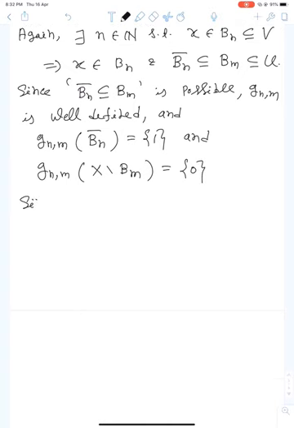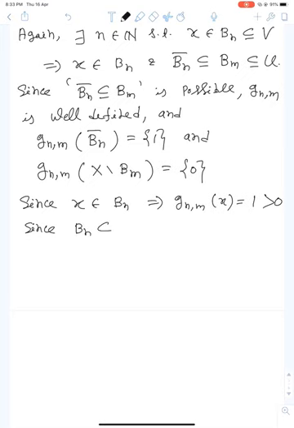Now since X belongs to B_n, that implies G_{n,m}(X) is also 1, which is strictly bigger than 0. And since B_n is a subset of U, that implies X minus U is a subset of X minus B_m, right? And G_{n,m} gives the value here, it is 0.